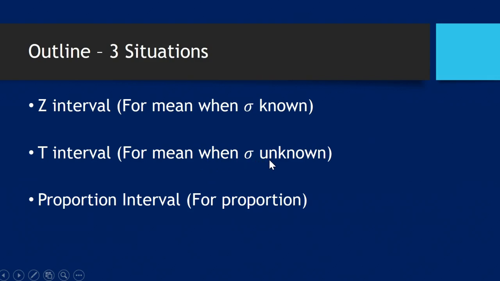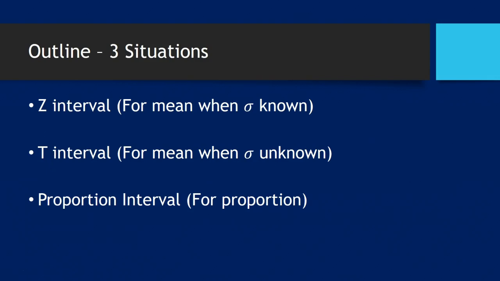Now, in practicality, when we use the t-interval, we're going to know the sample standard deviation. So be careful there. If you know the population standard deviation, you use z. If you know a sample standard deviation, you're going to use t. Okay, so for averages, z when you know the population standard deviation, t when you know the sample standard deviation.